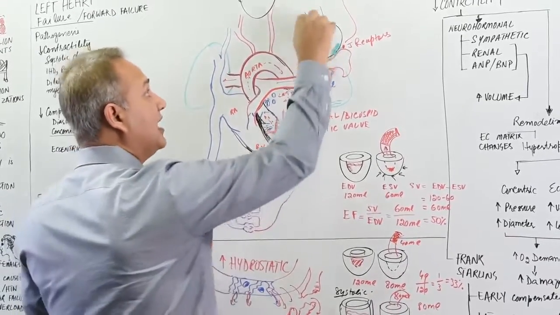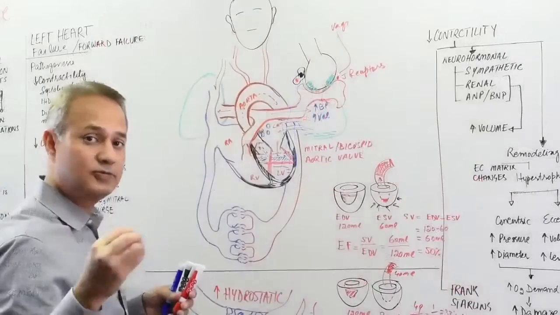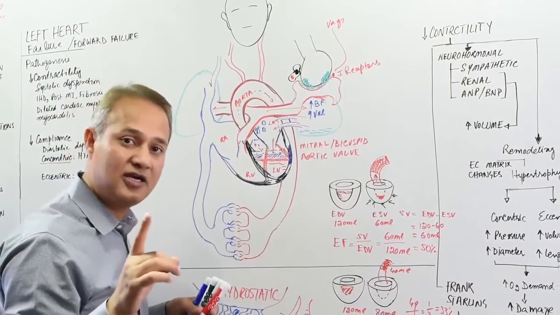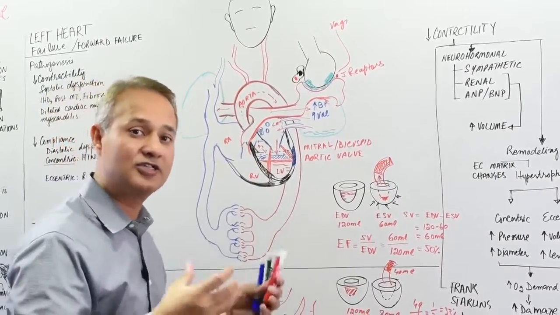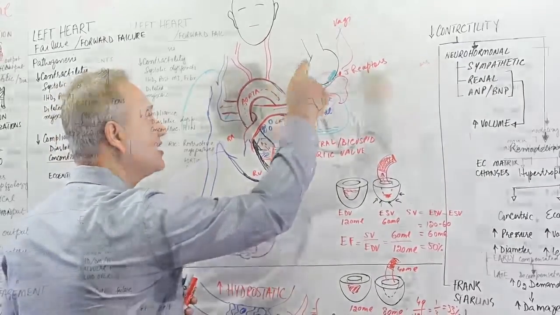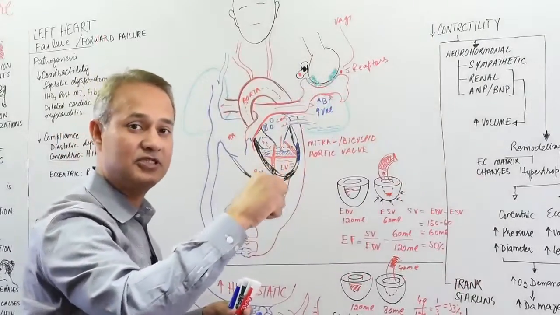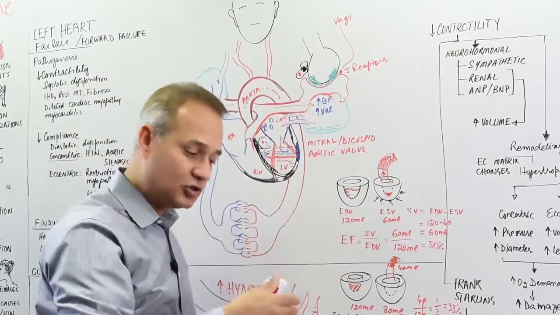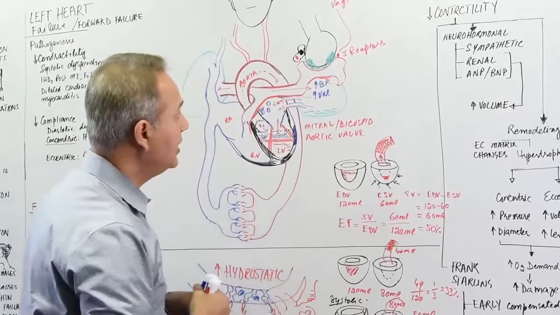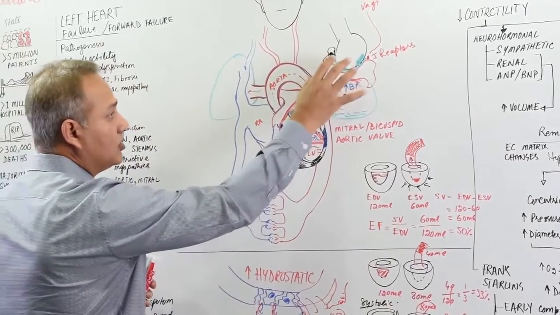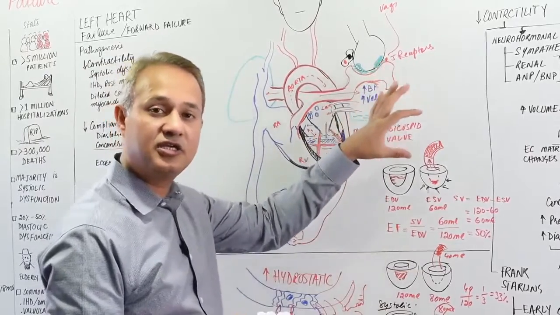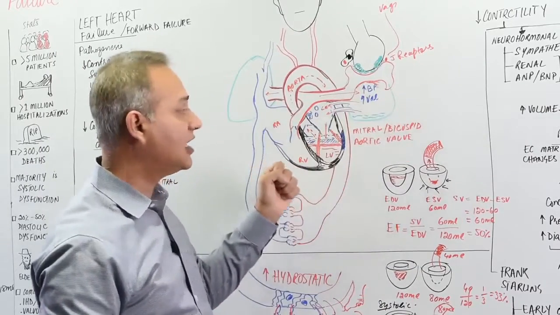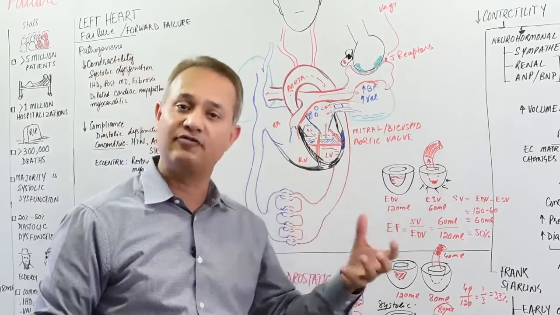Now when the patient has cough and sputum, that sputum, number one, will look rusty in color, and number two, if you take that under the microscope, you'll see heart failure cells. What does that mean? These are macrophages that have eaten up the RBCs and have hemosiderin in them. Now the patient's breathlessness has increased. This is the congestion in the lung. That is why this heart failure is called congestive heart failure.